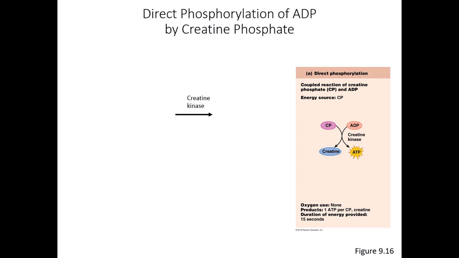Okay, so in simple terms, one means of anaerobic ATP production is described as the direct phosphorylation of ADP by creatine phosphate. So that's a mouthful, but basically creatine phosphate is a high energy molecule that we have in our muscles.